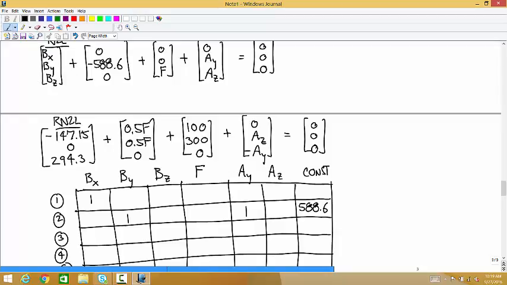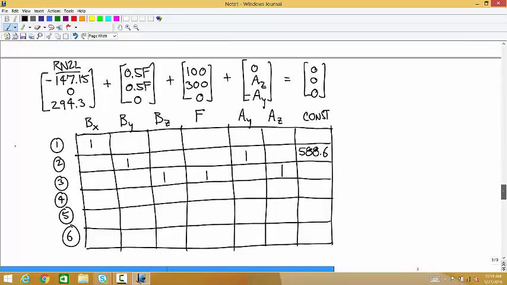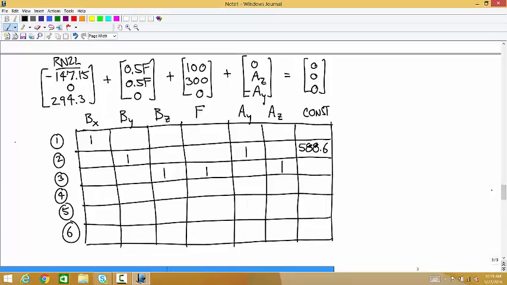The third equation says Bz's we have 1, F's we have 1, AZ's we have 1, and nothing else. The fourth equation says F's we have 0.5, constants, we have positive 47.15.